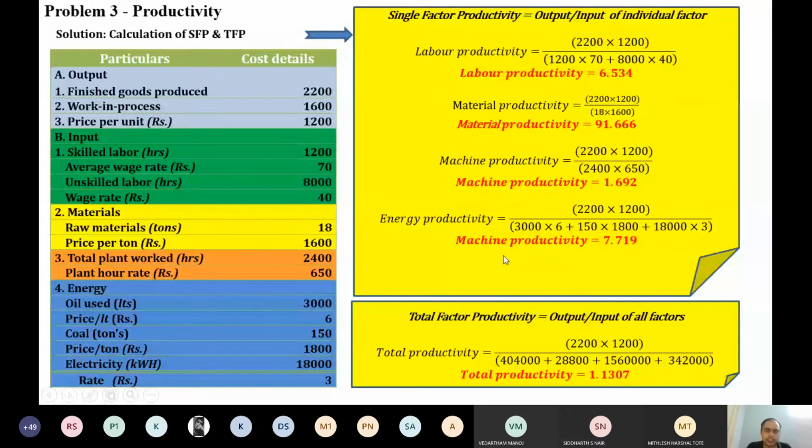Now, I was discussing work in process, right? Let's again come back to a simple example. The cost of 1 chocolate is 10 rupees. So the cost of 1 finished product is 10 rupees.